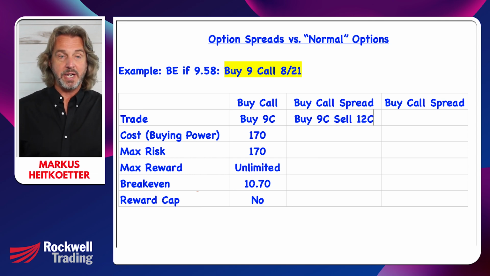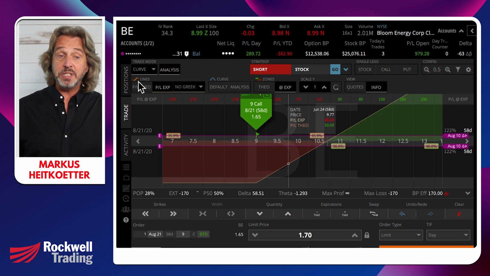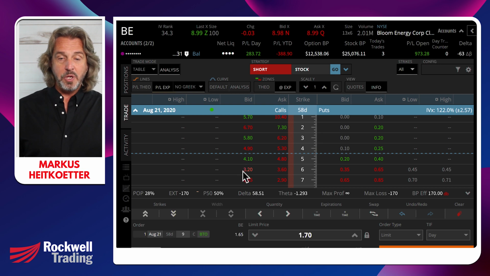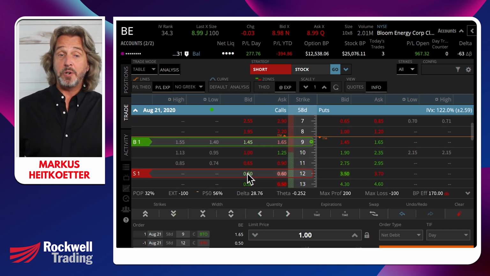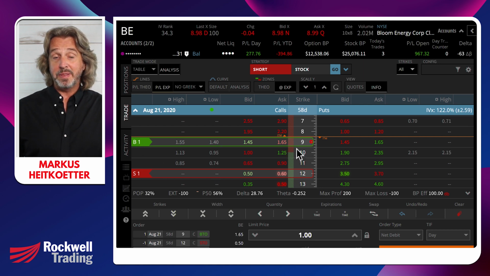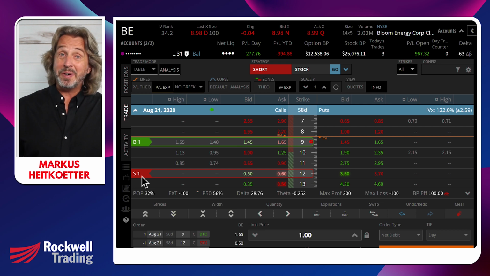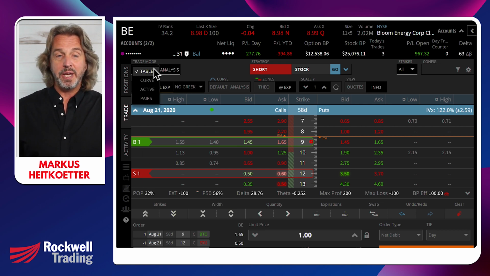So let me show you exactly what this looks like. So instead of one option, you're trading 2 options. So you would buy the $9 and you would sell the $12. So you see, buy the 9 strike and you sell the $12 strike. Now let's take a look at what happens when you're looking at the equity curve.